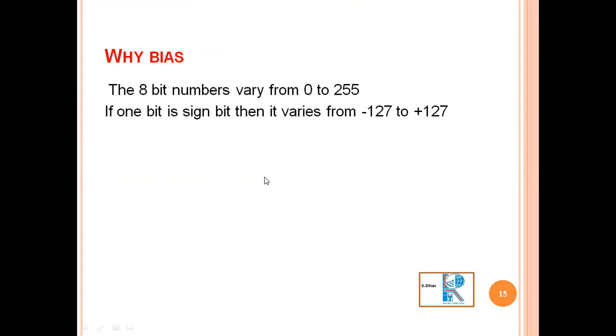You know that is 2 to the power 8, 256 numbers. If in the exponent we use one sign bit, the range will be halved. It will be minus 127 to plus 127, because we are halving the number, one half for negative numbers and one half for positive numbers, because we have to provide for both positive and negative. So we are dividing the numbers into minus 127 to plus 127.